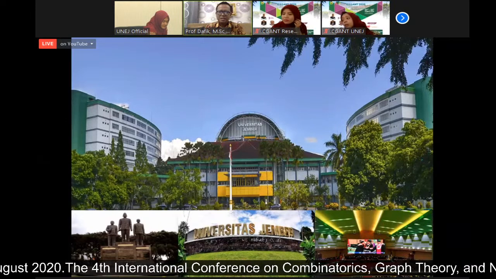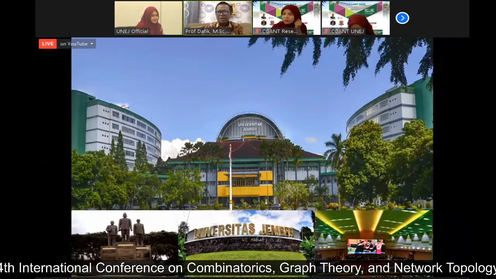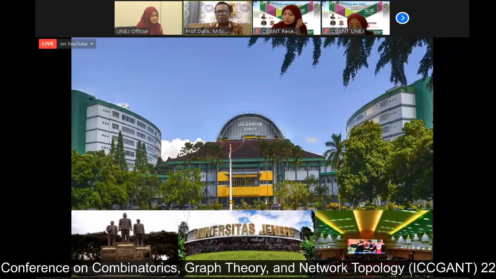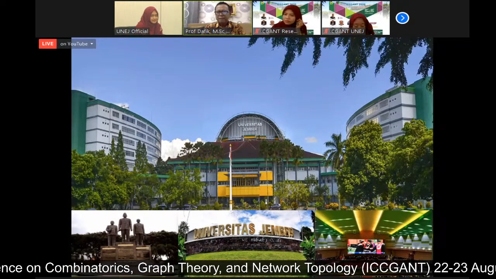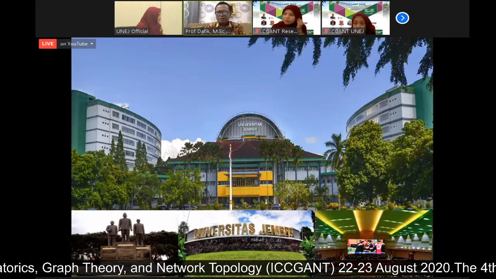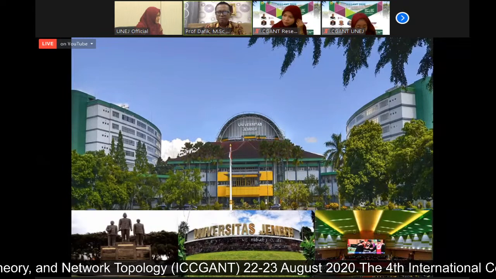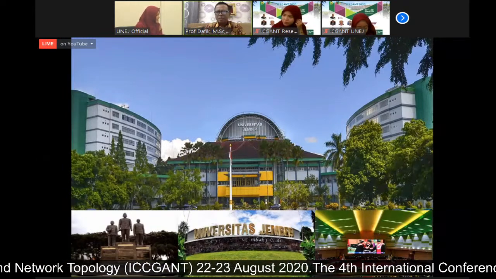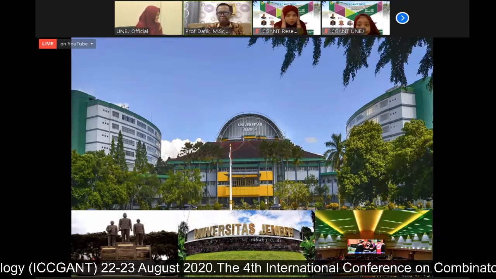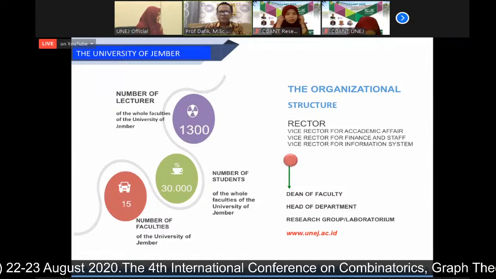We finished both sides of the building. So this is the new look of the University of Jember. Hopefully next year, the COVID-19 outbreak will be over, and then we will have an international conference again in face-to-face format.